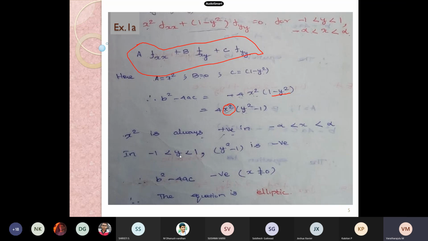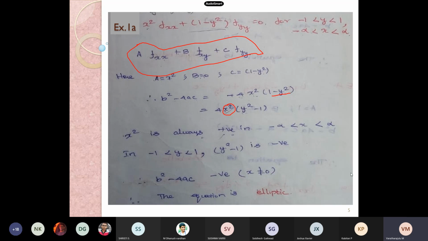So when we apply values in between, it is not equal to minus 1 or 1, so it should be between minus 1 and 1. When we apply a value less than 1, it always returns a negative value. So my b square minus 4ac is always negative when x is not equal to 0. So this is the example of an elliptic equation.